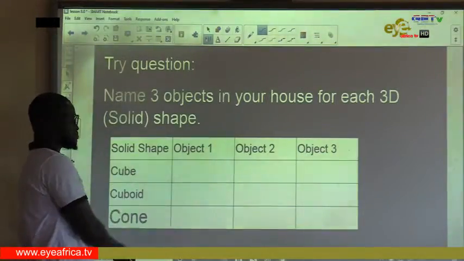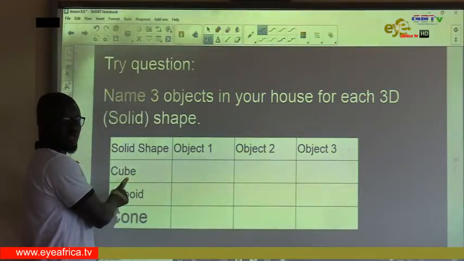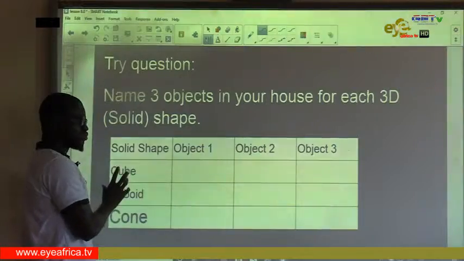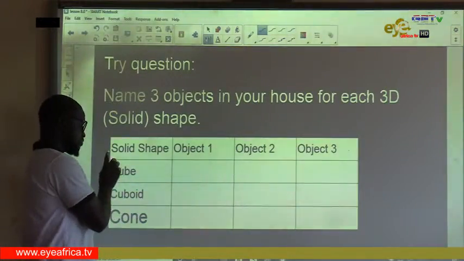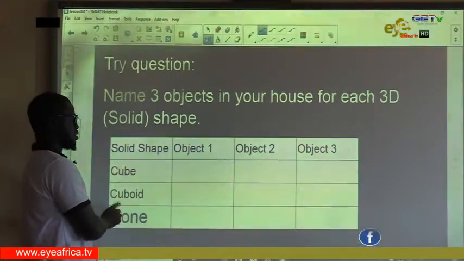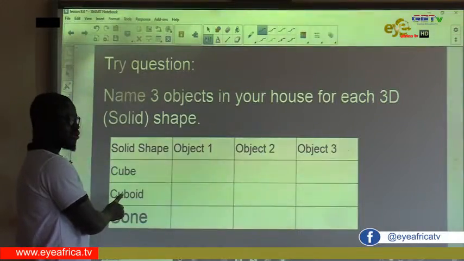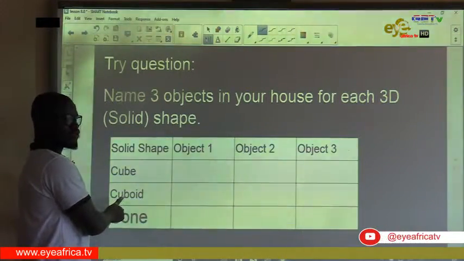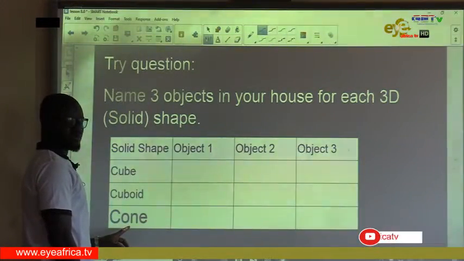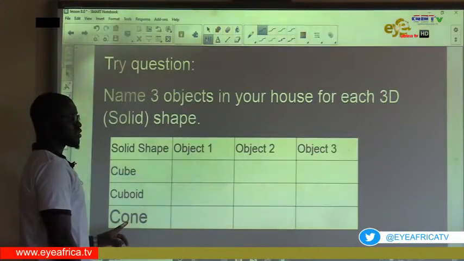The names of the solid shapes are: one, we have cube. You just draw your table for those listening. The first solid shape is cube. The second one is cuboid. The third one is cone.